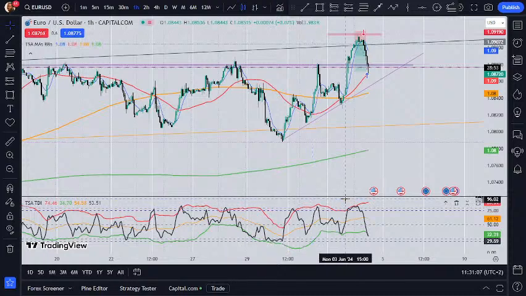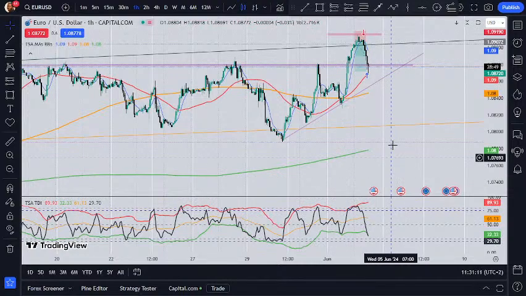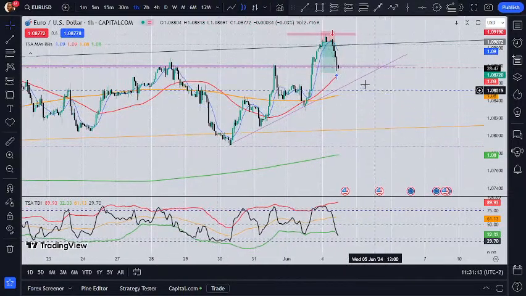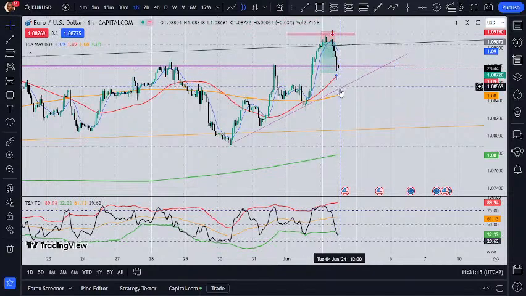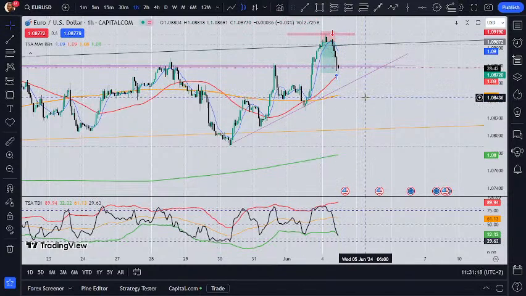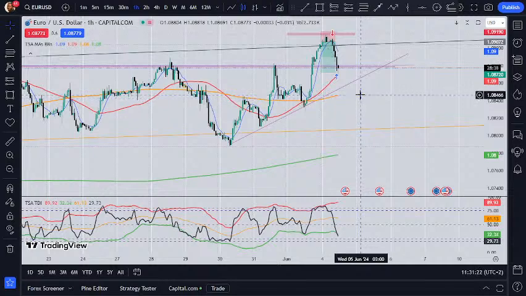So hidden divergence, and you see what I'm saying. So on the 1 hour, I'll look at how price behaves.